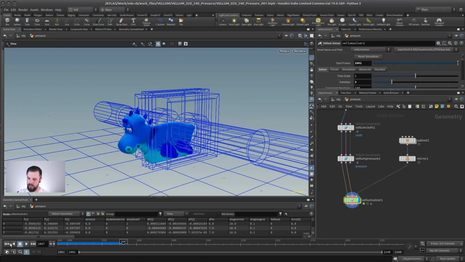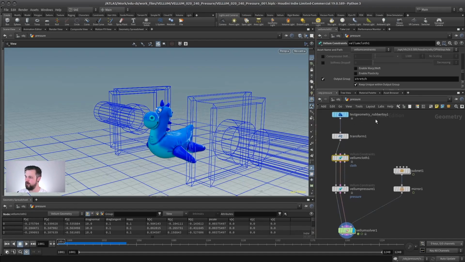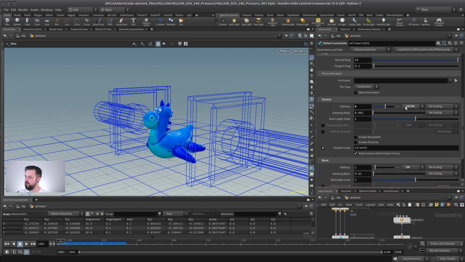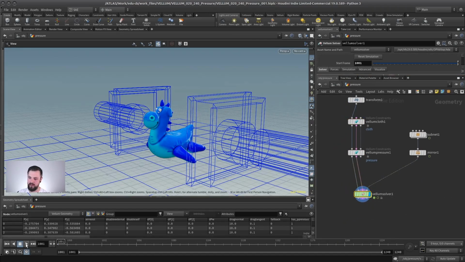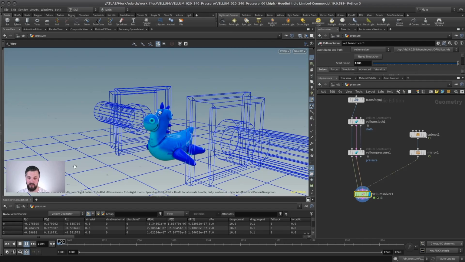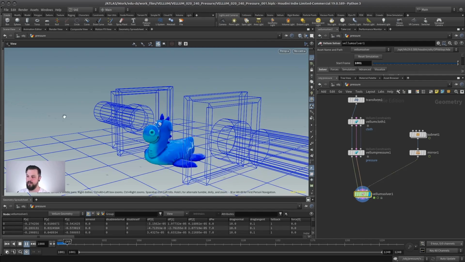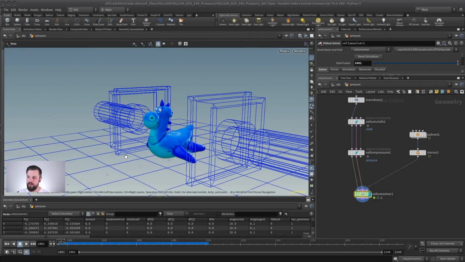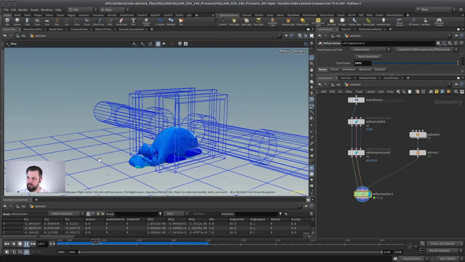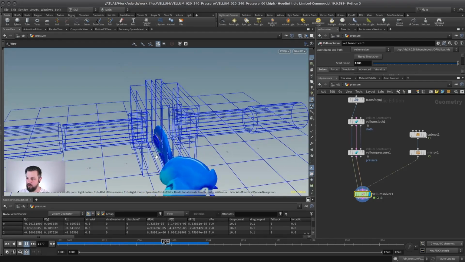And actually, to make this stronger, we can lower the stretch stiffness of our cloth outside, of our surface material. And then we should see this even more, because the material of the surface is more stretchy, obviously. And now you can see the idea even better, because again, it's more stretchy outside the head.